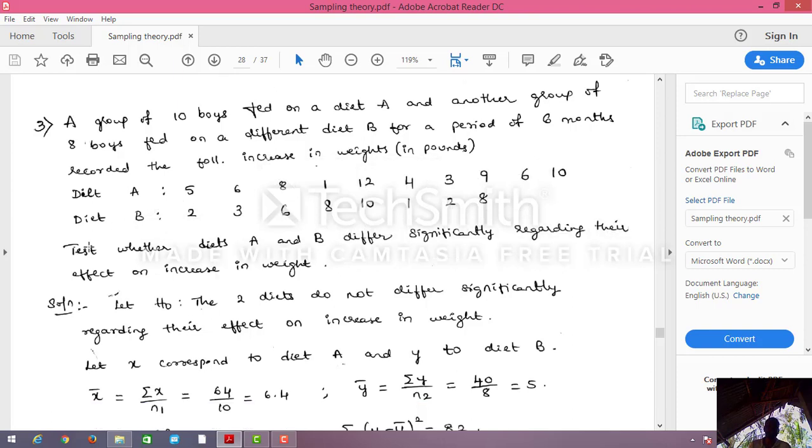Diet A values and diet B values are given here. Diet A contains 1, 2, 3, 4, 5, 6, 7, 8, 9, 10, so the sample size is 10. Diet B sample size is 8. Test whether diets A and B differ significantly in their effect on increase in weight.